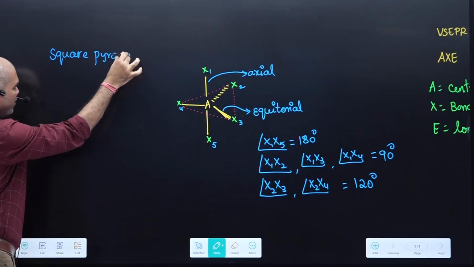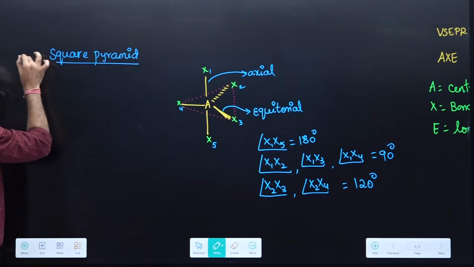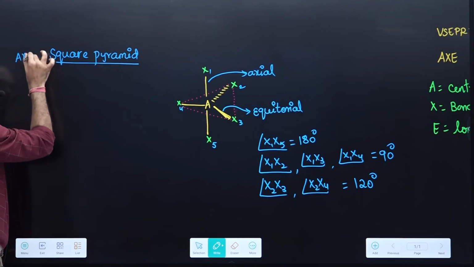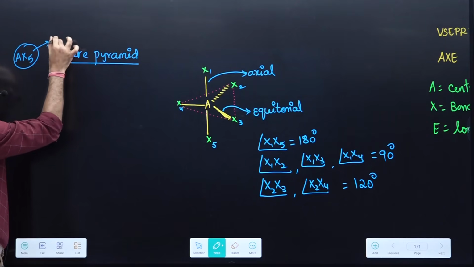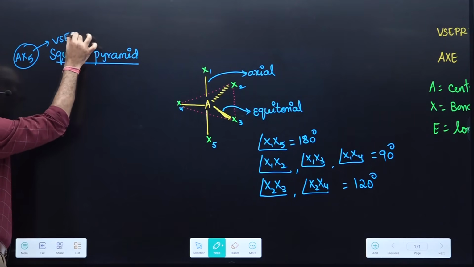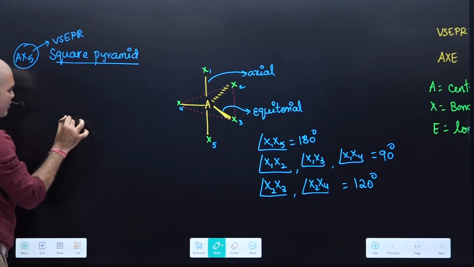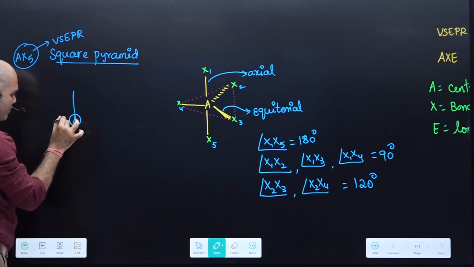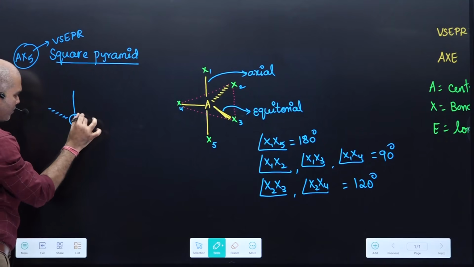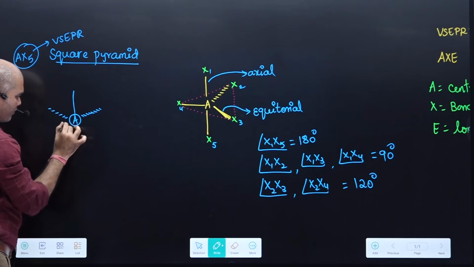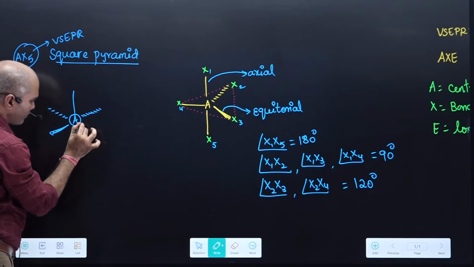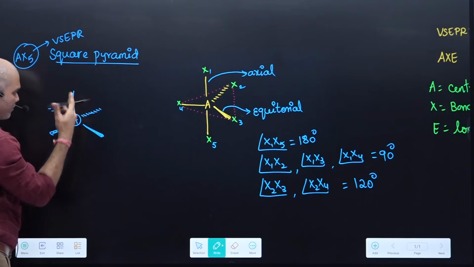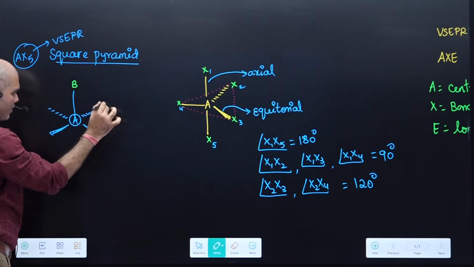If I take square pyramid geometry, I cannot give it as AX5 because AX5 is according to VSEPR. So I am giving you AB5 so that there is a difference. This is AB5.